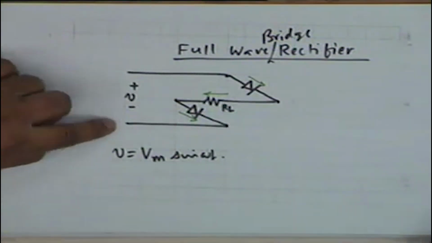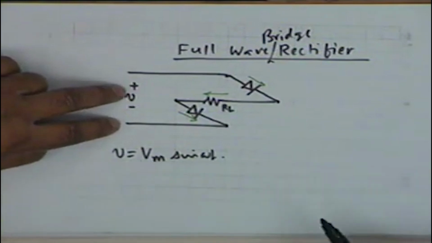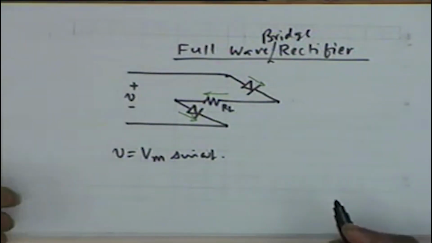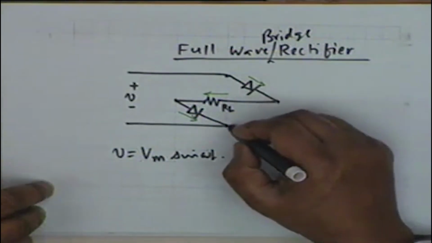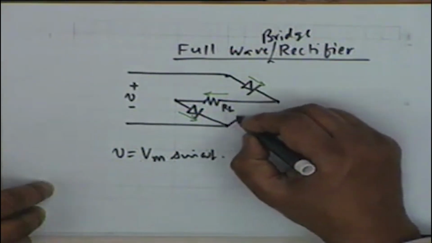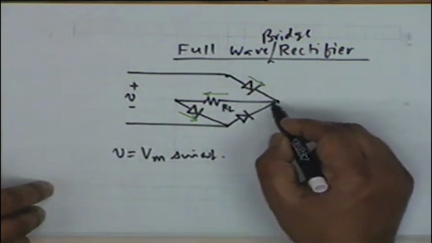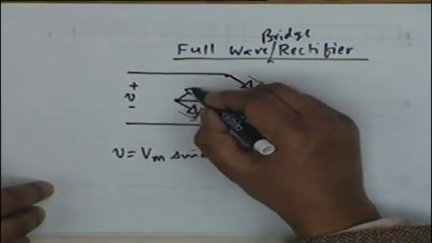On the other hand, when v polarity goes reverse, that is the lower end becomes positive with respect to the upper end, current flows like this. There is another diode connected here, and a diode connected here.